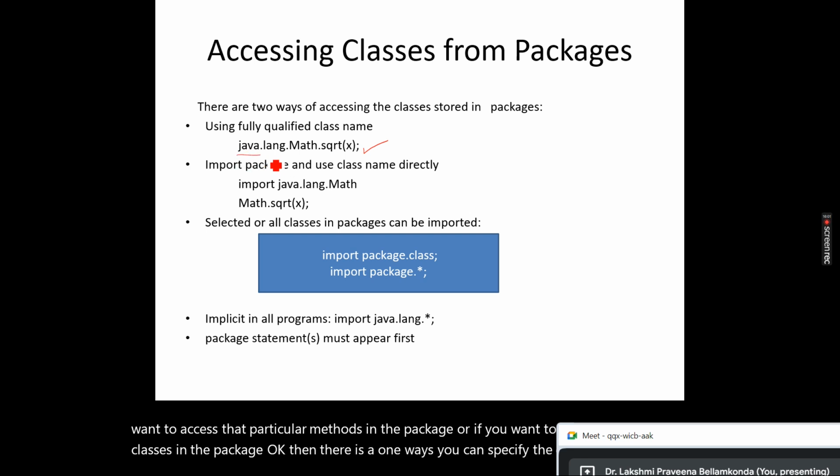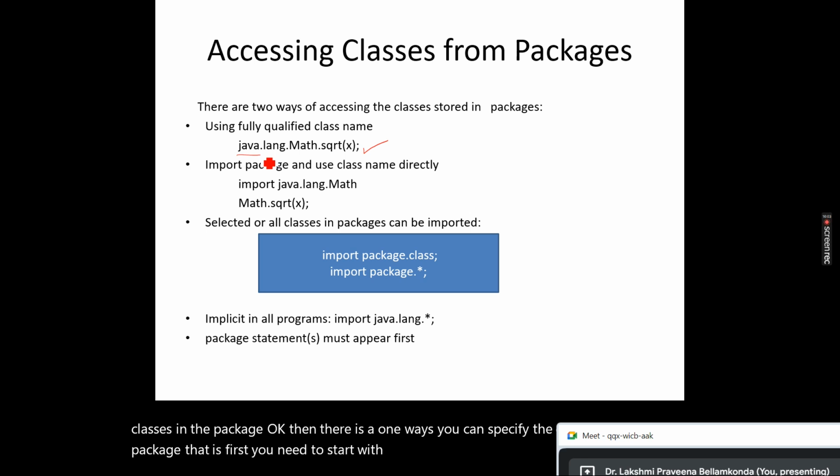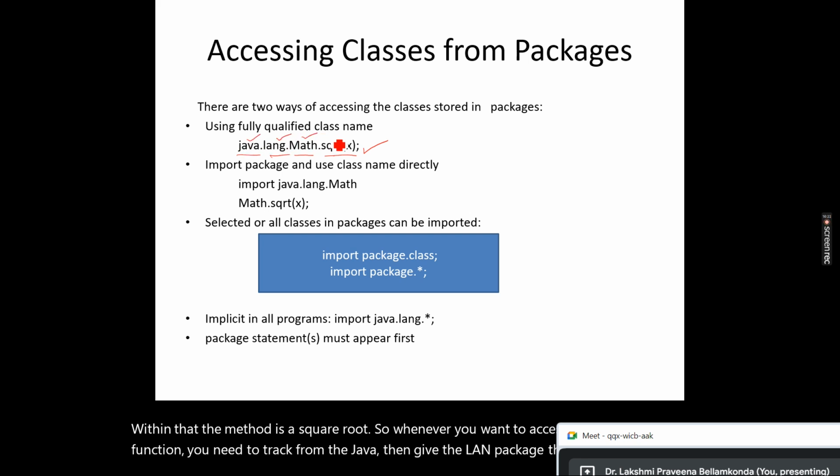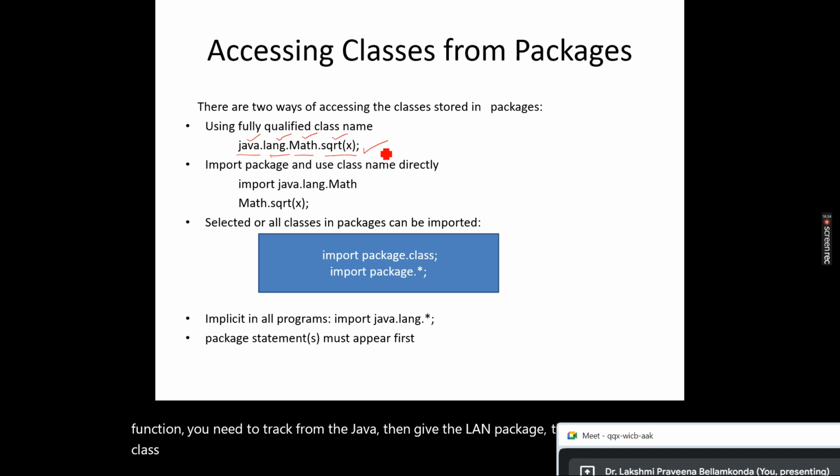You start with the root package, Java, and within that there is the lang package, and within that there is the Math class, and within that the method sqrt. So whenever you want to access the square root function, you start from Java, then give the lang package, then your required class, and then the required method. This is one way to access a class and method of a package.